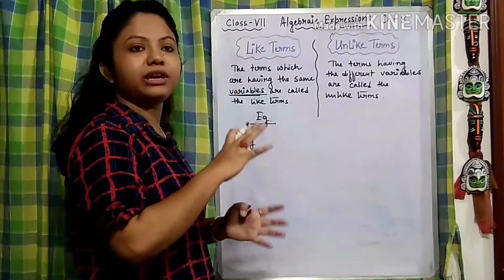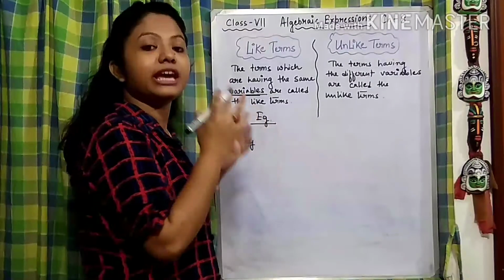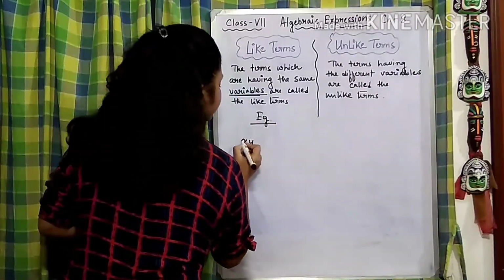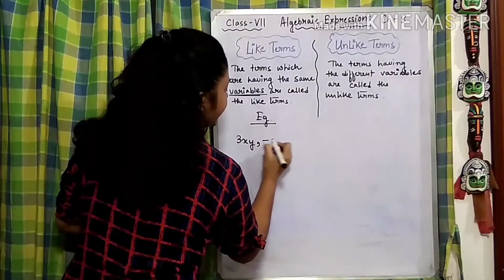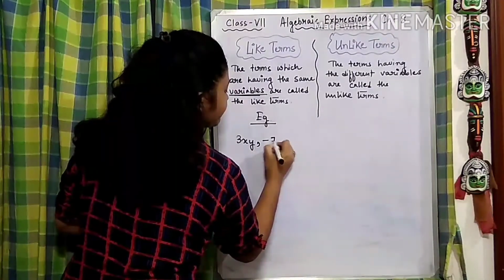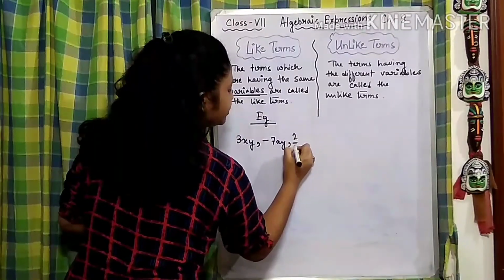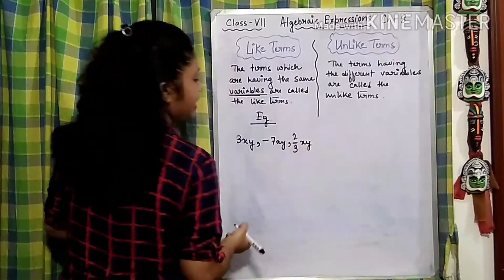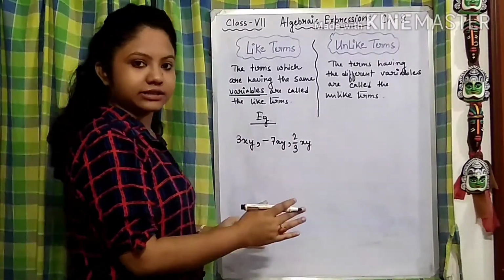The terms can be in many forms, but the constant thing will be x, y in all of them. So here, say 3xy, minus 7xy, 2 by 3 xy. See, for all three terms, xy is constant.